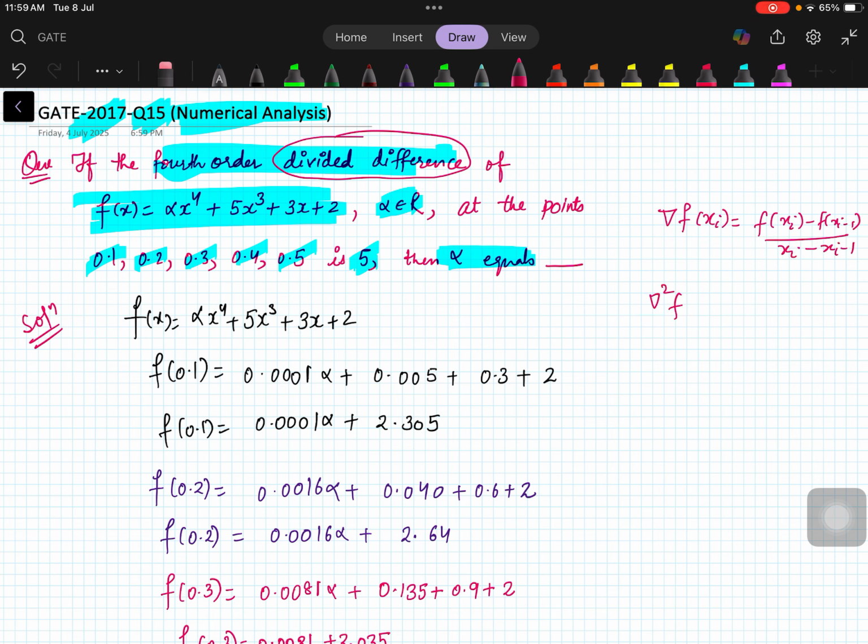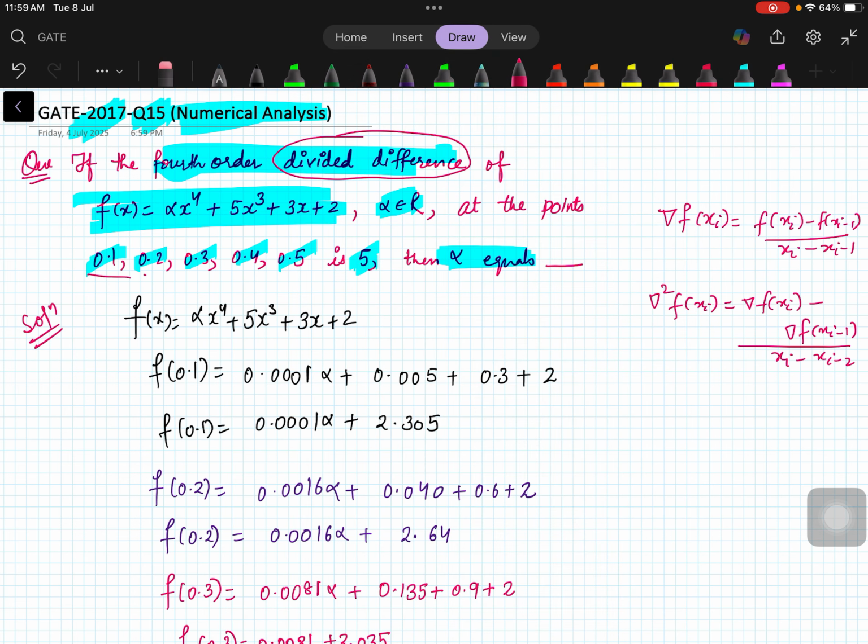Then we have second order divided differences, which is the difference of the first order divided differences, divided by xi minus xi minus 2, and so on. These are the things which should be clear to you. And they gave us these 5 points, 0.1, 0.2, 0.3, 0.4 and 0.5.